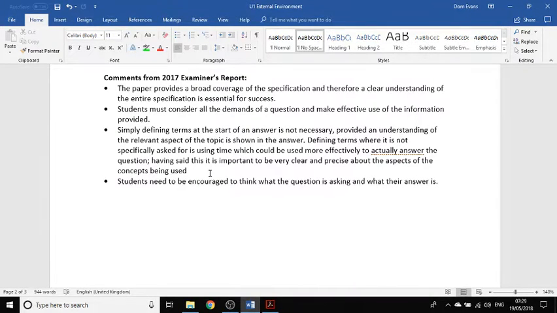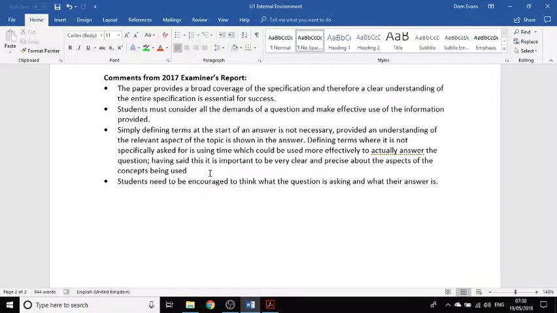The other argument for starting with the definition, particularly maybe in the 5 or 6 mark analysis questions, is that the definition could be the start of a chain of analysis. So, for example, if you got a 5-mark analyse question on economies of scale, you could say something along the lines of: economies of scale are when a business's average costs fall as its output grows.